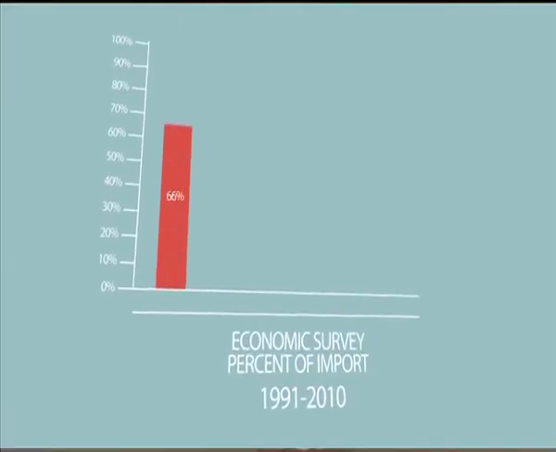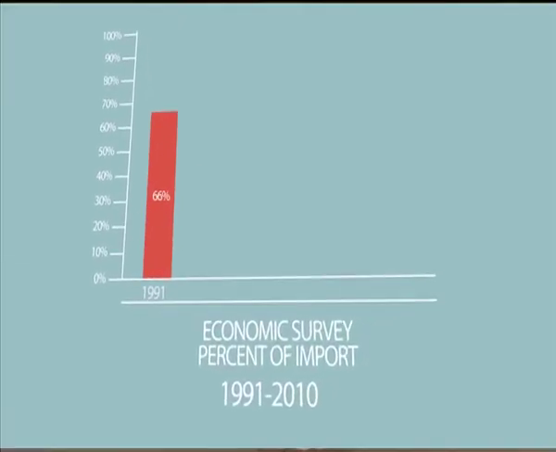Measures adopted in 1991 did result in increase in exports for some time. In 1991, export earnings accounted for nearly 66% of imports. The figure shot up to 85% in 93-94.